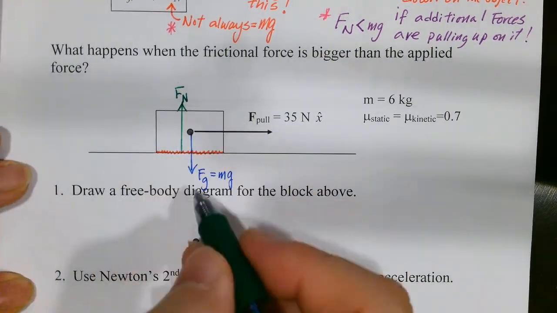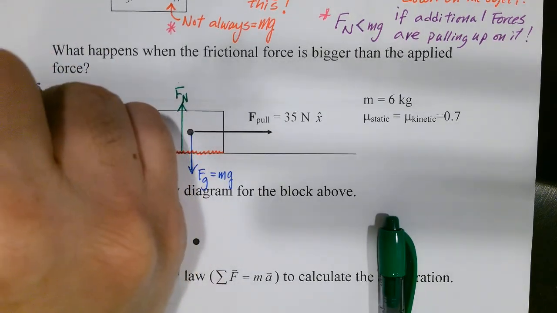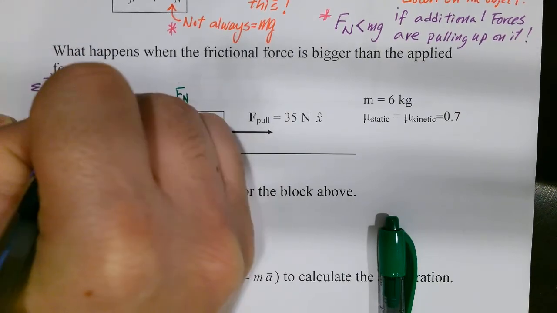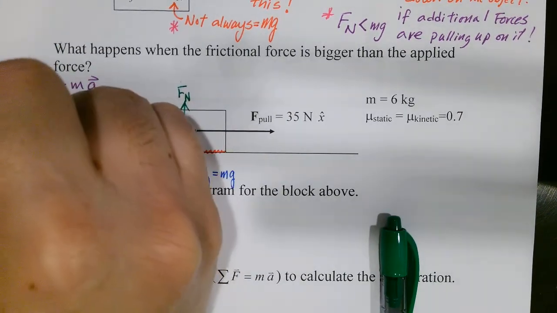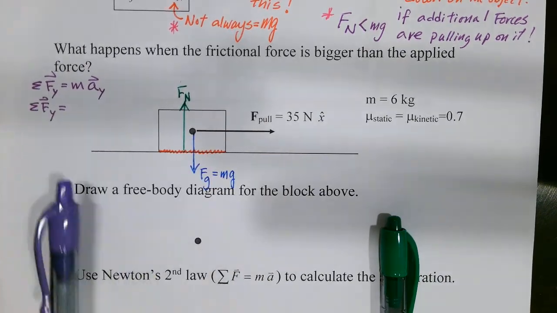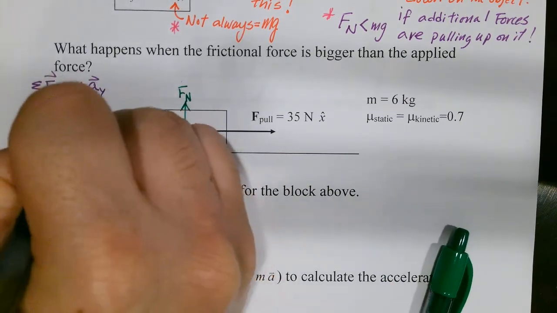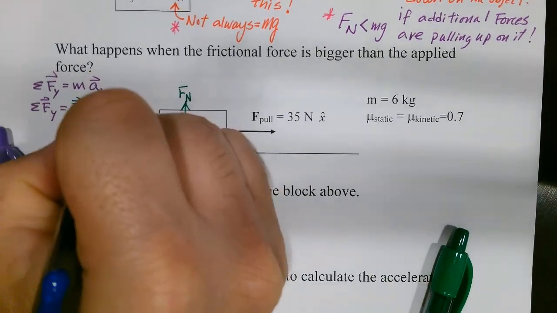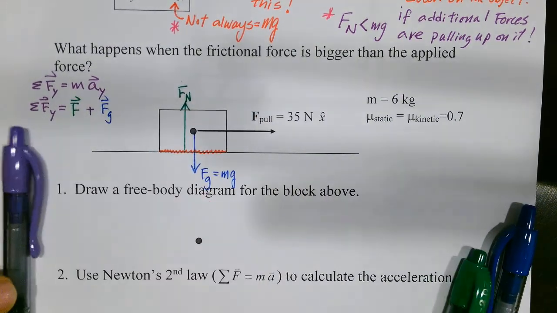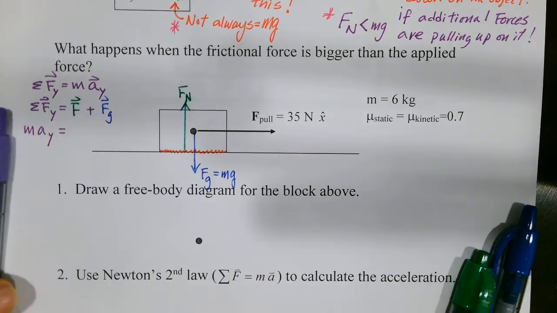We can easily prove that: the sum of all forces equals ma in the y direction. There are two forces, F normal plus Fg, and since there's no acceleration in the y direction, ma is zero.